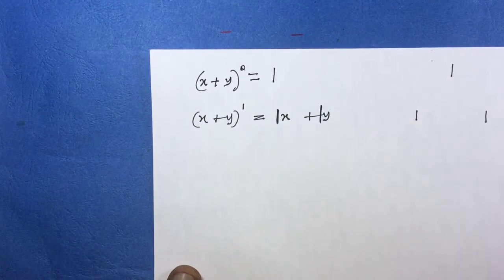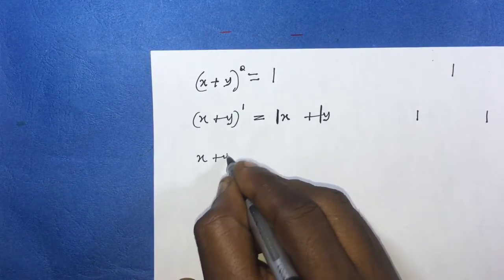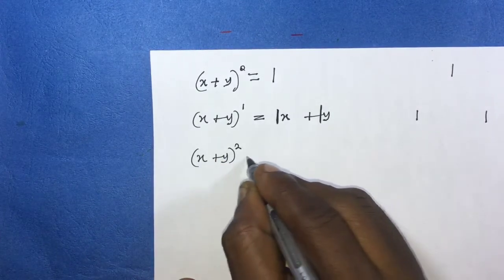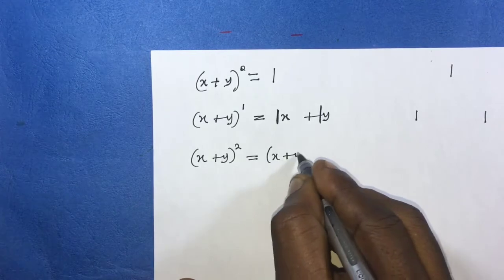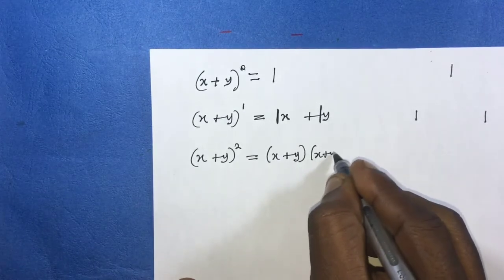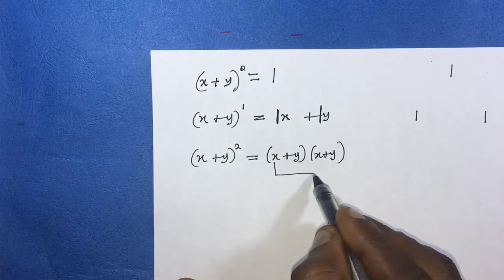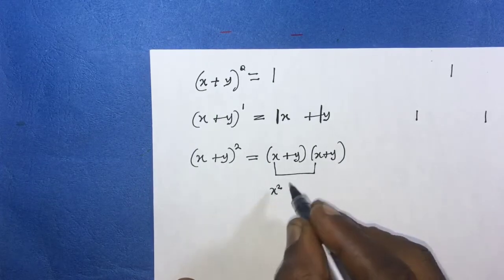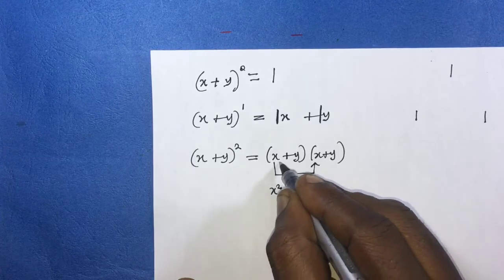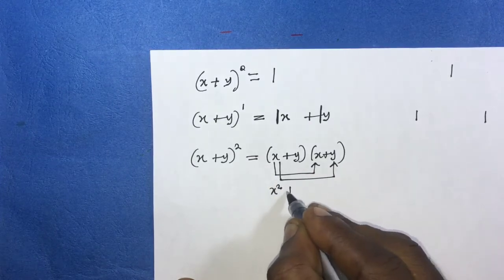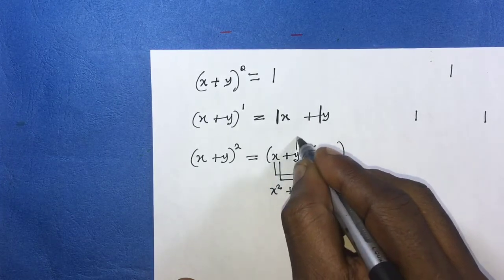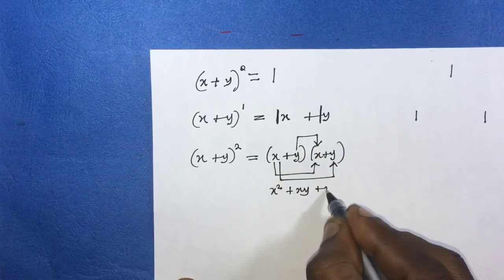Now, if you come over to x plus y raised to power 2, to expand this using our simple knowledge of expansion earlier on, this is what we did. x multiplied by x gives x squared. x multiplied by y gives xy. y multiplied by x gives xy.